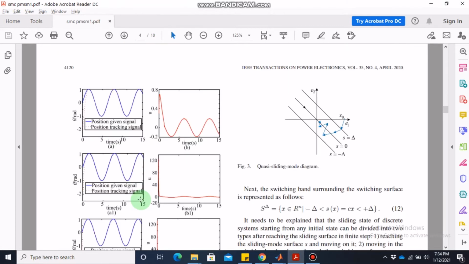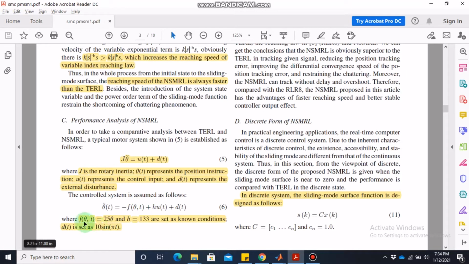They have selected f of theta, t is 25 times theta, which is a linear function. H is equal to 133, just a constant coefficient. And d of t, the disturbance, is set as 10 times sine of pi t, so a sinusoidal disturbance.